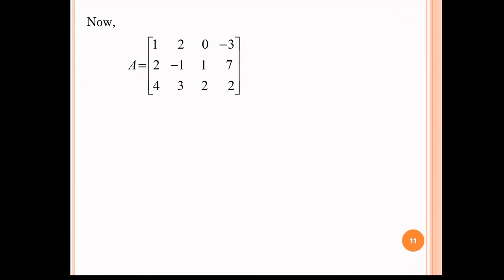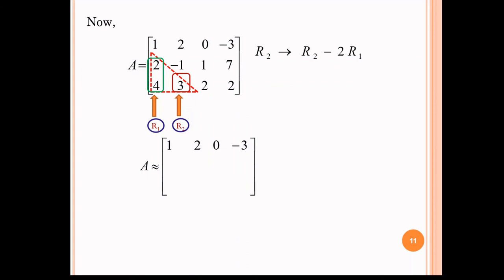Here this is a rectangular matrix, so we have to make these 3 elements 0. Now for 2 and 4 we'll be using row 1 to change them to 0 and for 3 to change to 0 we'll be using row 2. So our operations will be R2 changes to R2 minus twice R1 and we'll get this as row 2, 0 minus 5 1 13, and R3 changes to R3 minus 4 R1.